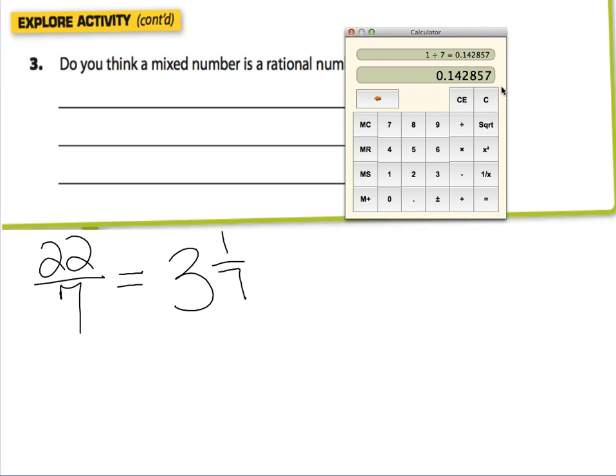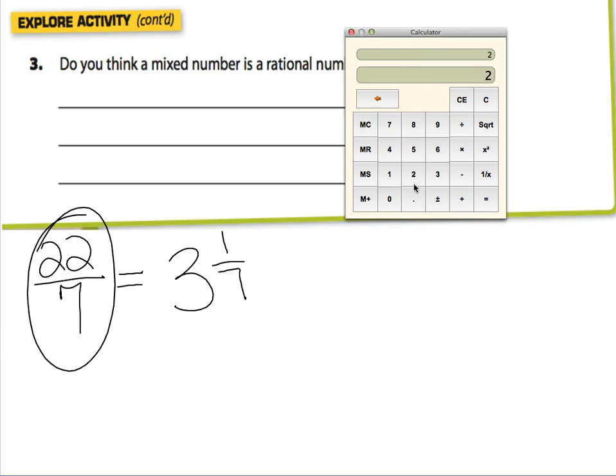Okay, so because of the fact that it does technically end, it could be considered a rational number. Now, here's the thing. It looks like it ends because of the calculator. All numbers on a calculator look like they're going to be rational. In this case, I actually know that 22/7 is an irrational number because it goes on forever. Okay, it doesn't repeat, it just goes on and goes on.